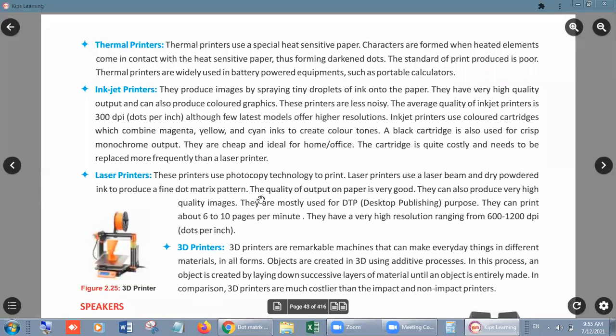I hope you all have seen the photostat machine and its technique as well, because when you put any paper into the photostat machine and press the start button, then one laser beam comes under it and scans all the paper and prints the same. Meaning you can say it makes the same impression on the paper which is inside the photostat machine and makes a copy of it, right?